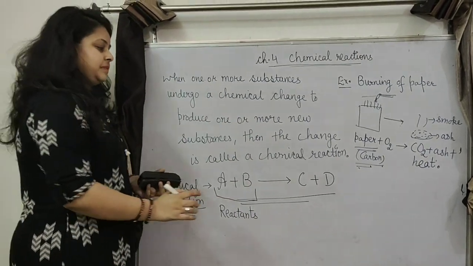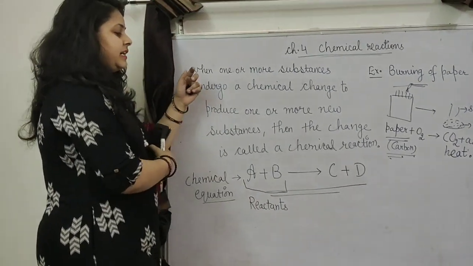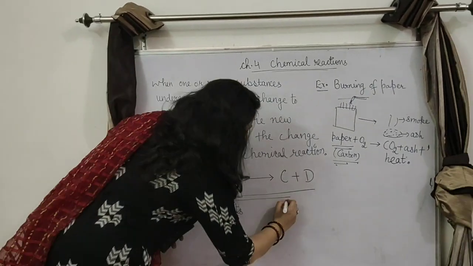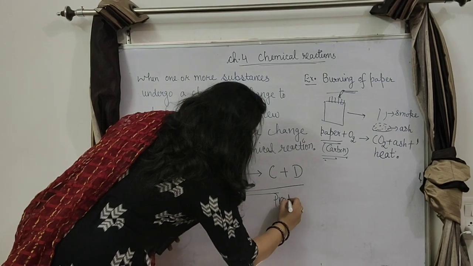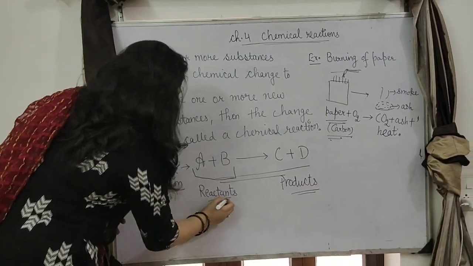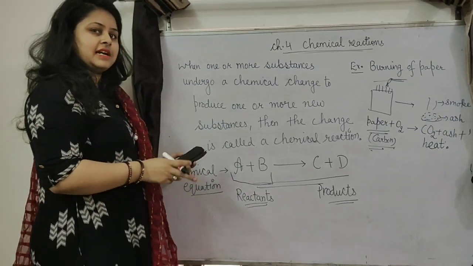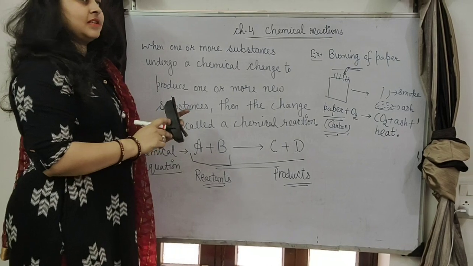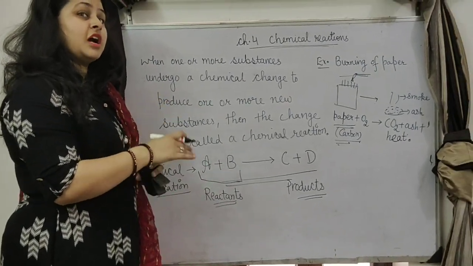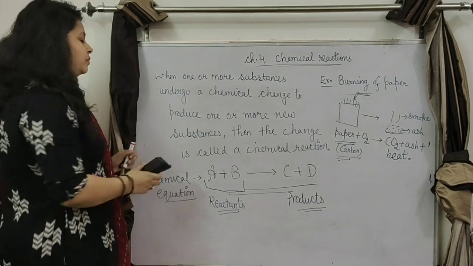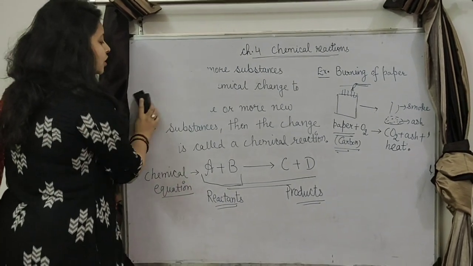And the substances that we are getting after the change are known as what? Products. So we can say that reactants are the substances that are present before the reaction, and products are the substances that are formed after the reaction. Okay? Hope this concept is clear to you all.